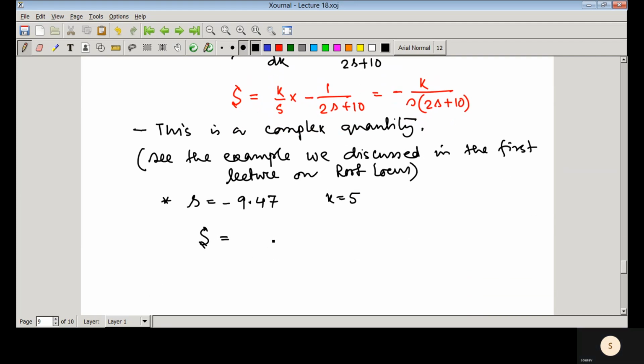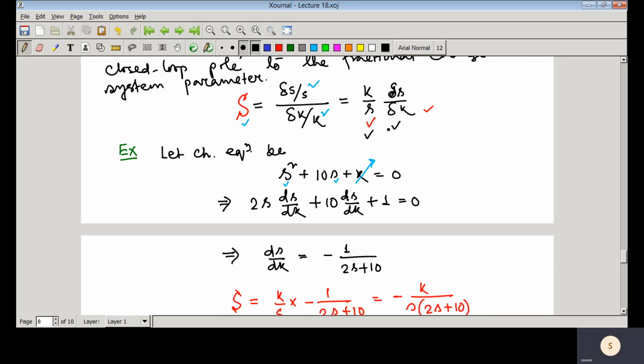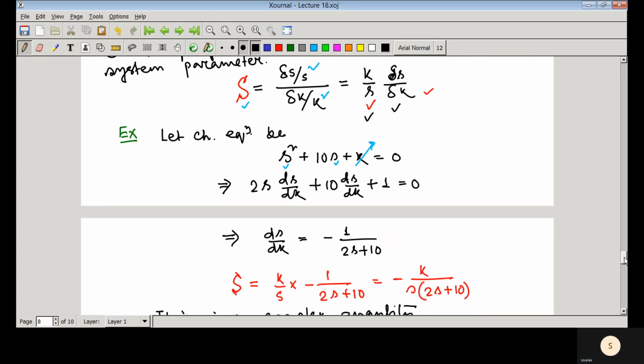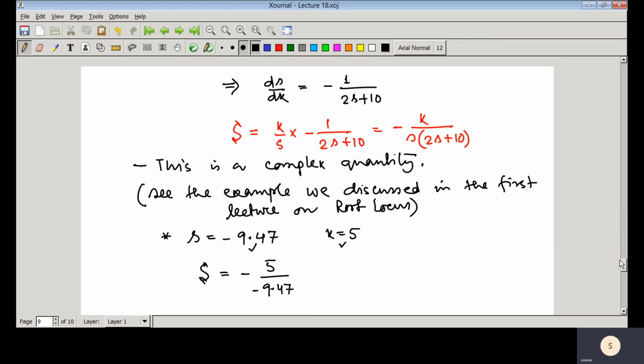So K is 5, and here S is minus 9.47. We are just replacing K by S and del S by del K. Del S by del K we have already calculated.